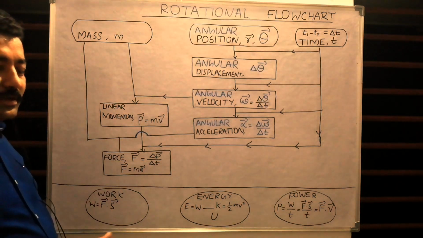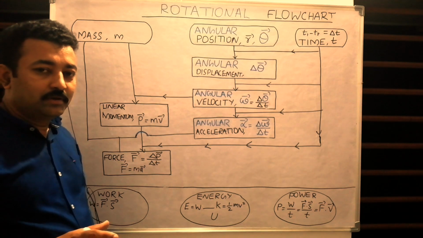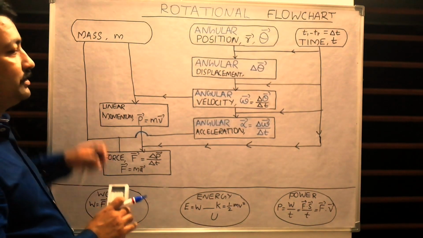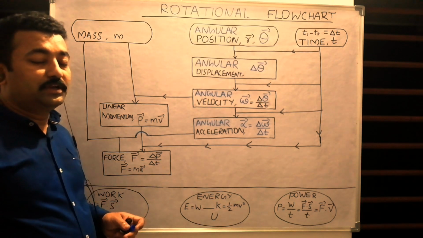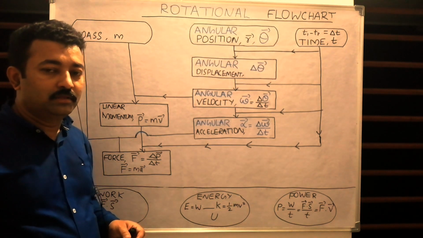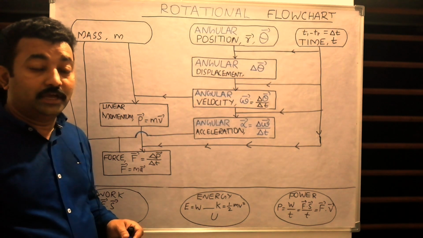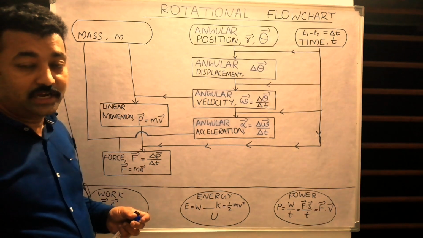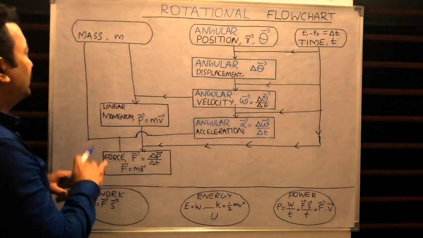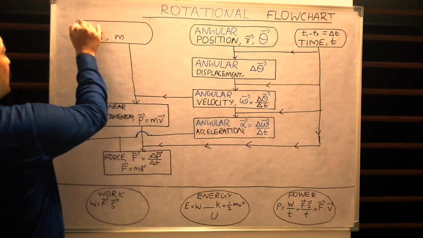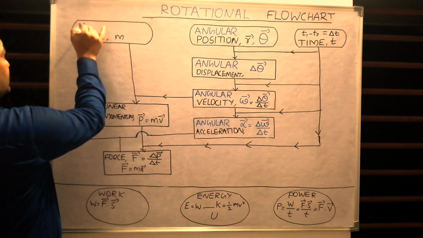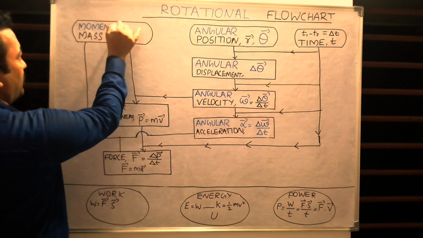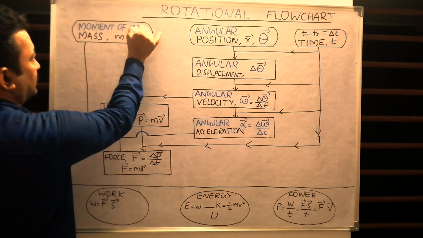So what is representing mass in rotational mechanics? We call the mass in translational mechanics the translational inertia. So in rotation, the analogous quantity will be rotational inertia, which is also called moment of inertia.